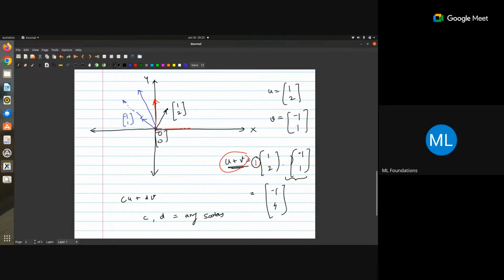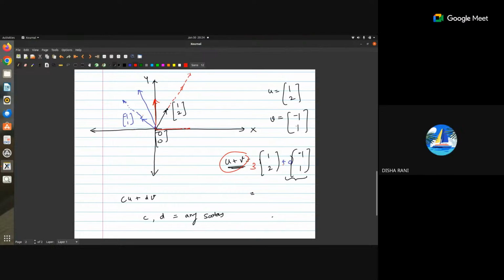One more thing I'll do. Let's say plus 0. What is the answer here? 1, 2, right? And if you have 2 here, it is 2, 4, so it will be on this line. If I say 3, then like this, 3, 6.